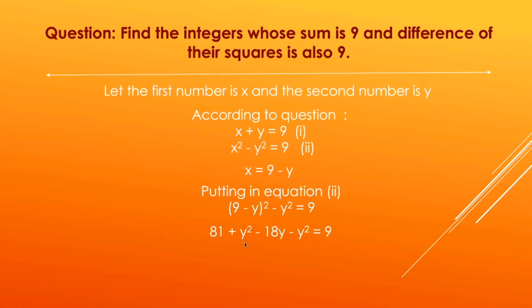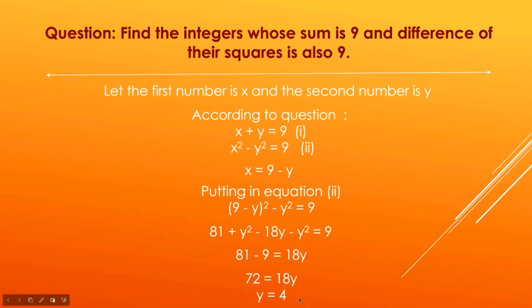Now y square and minus y square cancel, and 81 minus 9 is equal to 18y, so 72 is equal to 18y. Dividing 72 by 18, we get y is equal to 4.